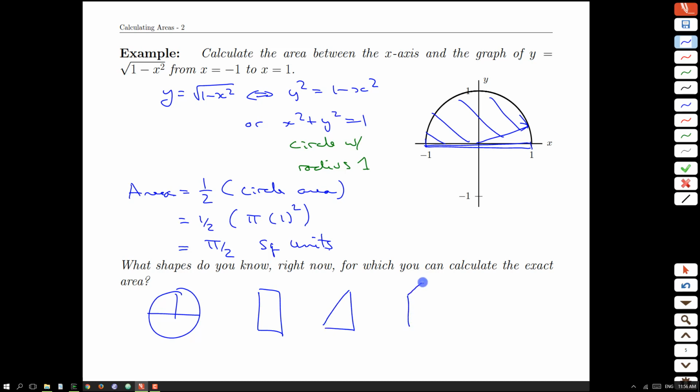Everything else that most people know, trapezoids, are made up of rectangles, triangles, or circles. Parallelograms, you might have a formula for that. Well, that's just rectangles and triangles put together. And you realize very quickly, this list is short. The things we can actually calculate the area for is not a big set.